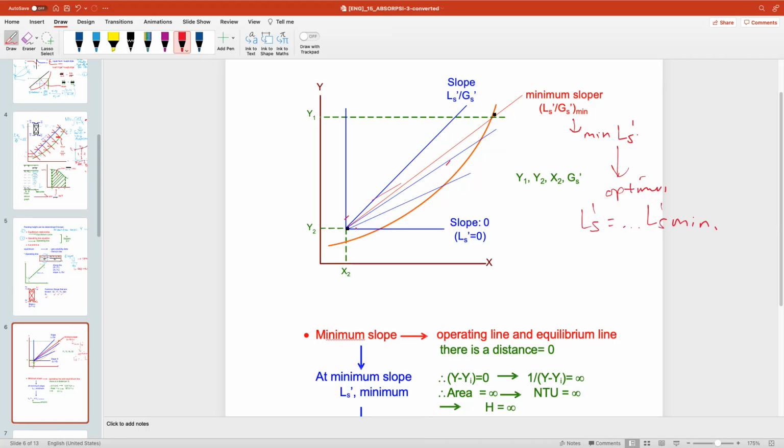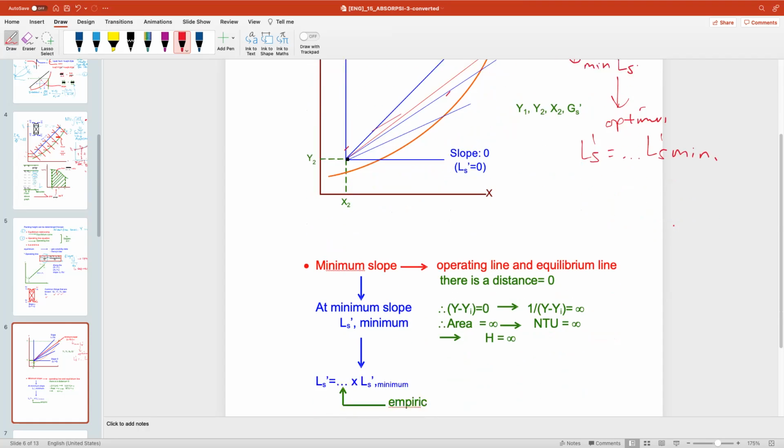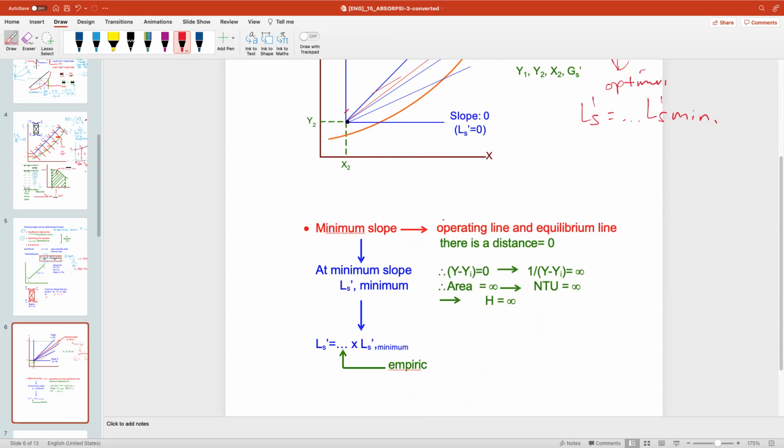If the slope touches the equilibrium curve, the absorber will have an infinite height. So it looks similar to the distillation column. When you want the optimum LS, usually it's defined based on the LS minimum, for example 2 times or 3 times and so on, so LS divided by the minimum.